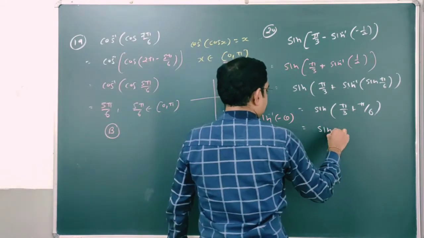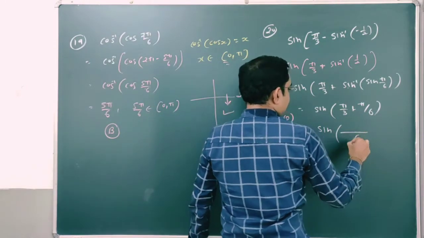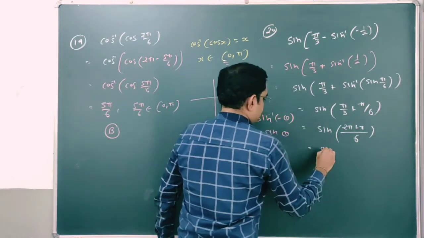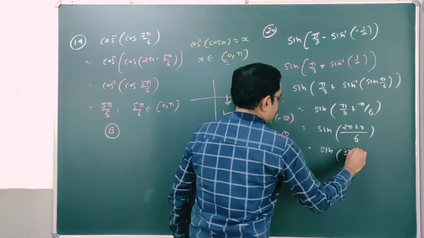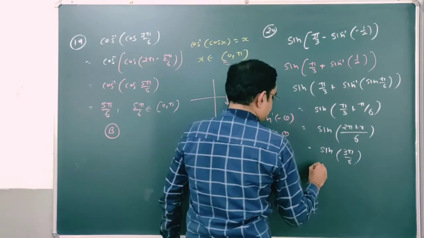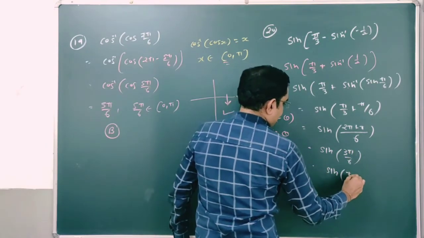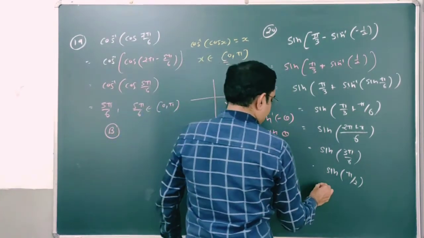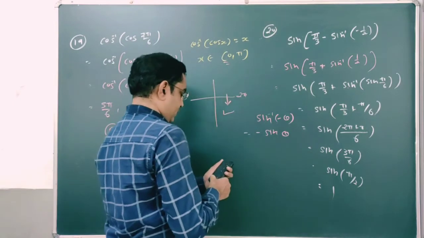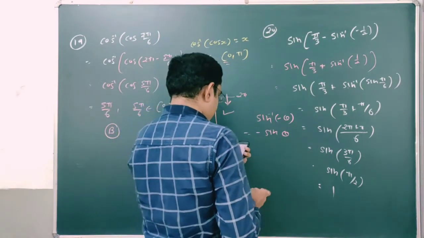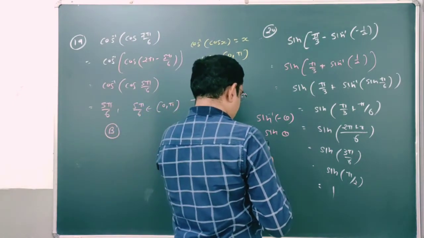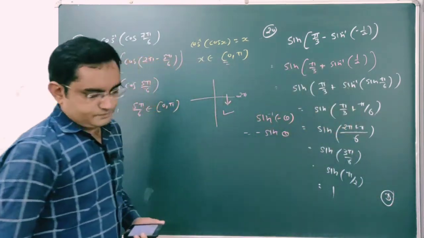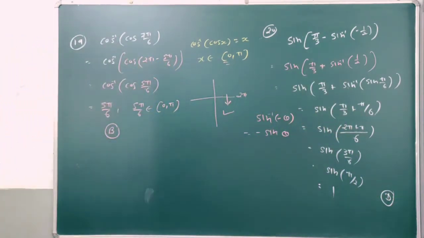So this one is sine of, with 6 as the LCM, 2 pi plus pi, so sine 3 pi by 6. 3 pi by 6 is nothing but sine pi by 2. What is sine pi by 2? Sine pi by 2 is 1. See which option has 1: 1 is option D. Option D is the answer. Done. Now one last question is left.